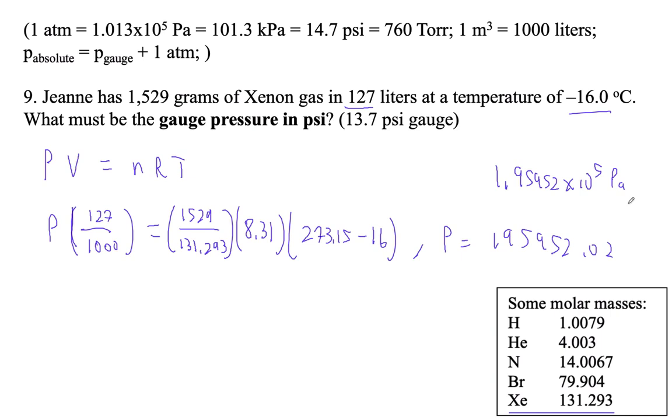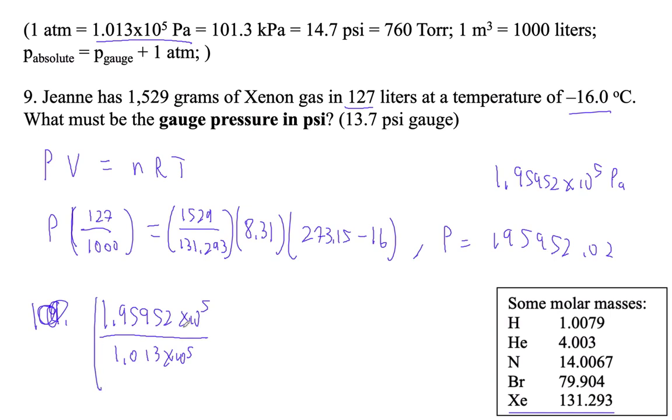Okay, now let's see. I think what I'm going to do is turn it into PSI first, right? 1.95952 times 10 to the 5th divided by 1.013 times 10 to the 5th. So what I'm doing is dividing by the pressure in atmospheres, right?